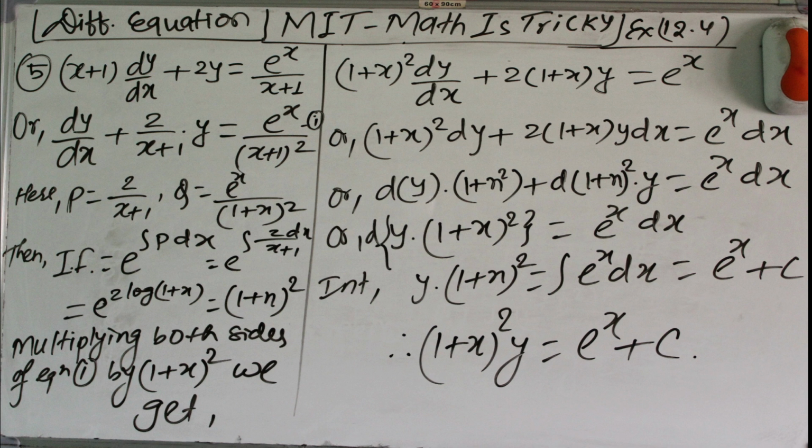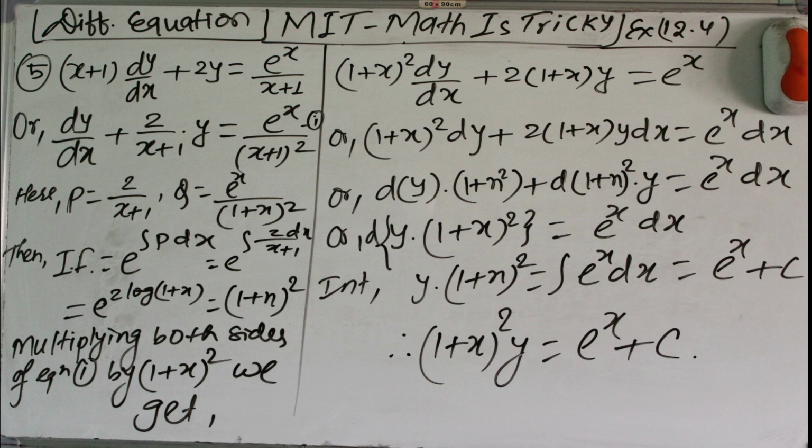The integrating factor equals e^(∫P dx), which is e^(∫2/(x + 1) dx). We can easily integrate this to get e^(2 log(1 + x)), which is e^(log(1 + x)²), and which is simply (1 + x)².